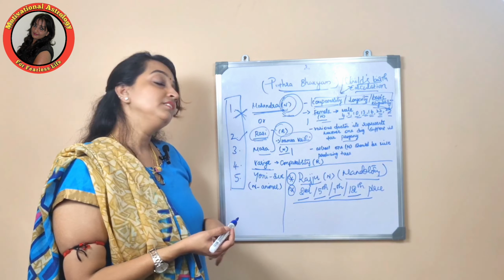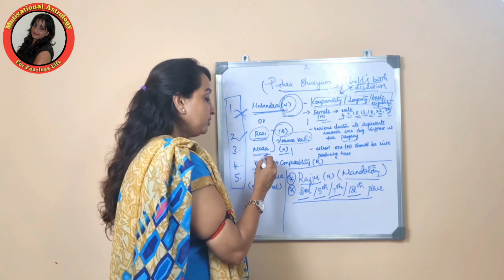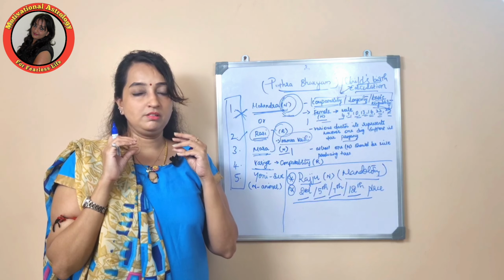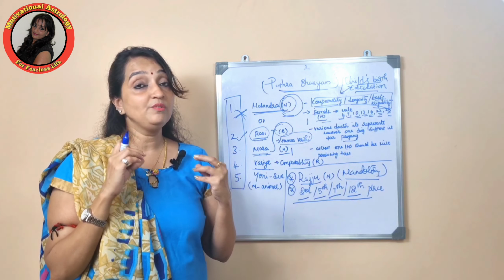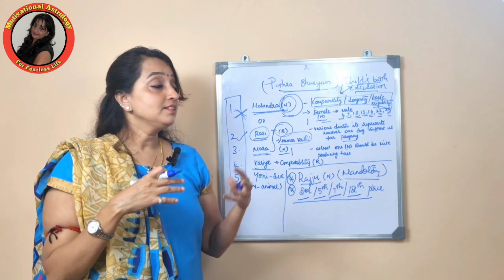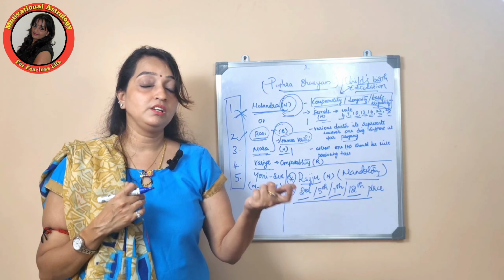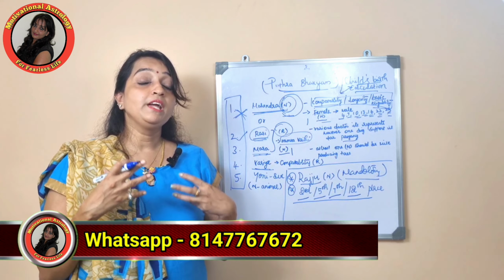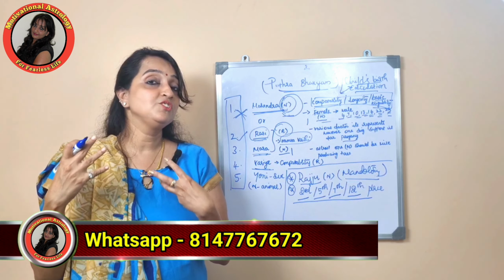Then the third thing that we need to look at is Mara Porutham. Mara Porutham is a very, very important factor. It represents Vamsa Vriddhi. We call it the next generation, whether the couple will be able to produce a next healthy generation.